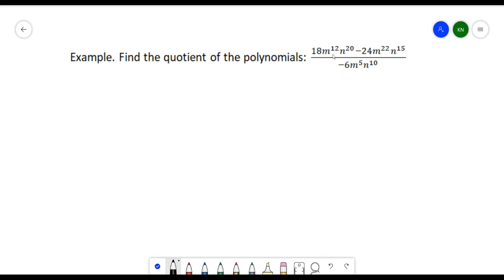As you can see, they have the same base, or the same variable as the denominator. So we can just apply the quotient of a power in this example. But as you can see, there is an operation in between our algebraic expressions. So meaning to say, we can also solve this one separately.